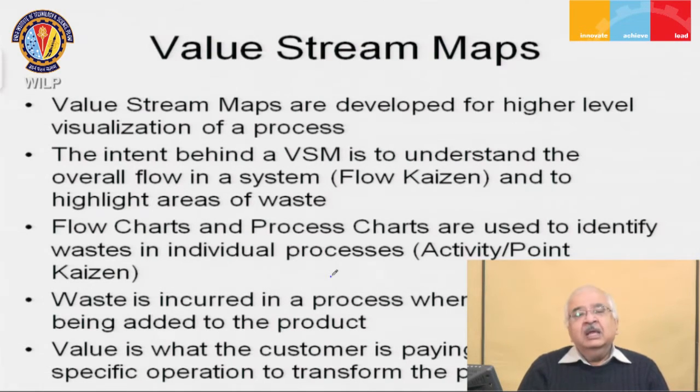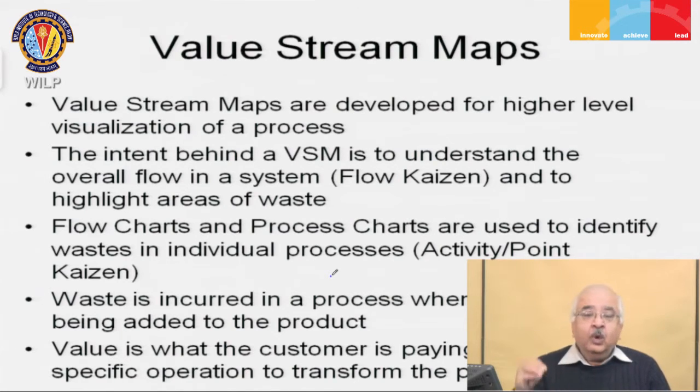Some of the other charting techniques, and we mentioned these earlier when we were talking about process mapping, things like flow charts, and there are other process charts which we have not discussed, are techniques that really are used to focus on individual processes. The purpose of those mapping techniques is to identify areas of waste within a process, and this is generally referred to as activity or point Kaizen.